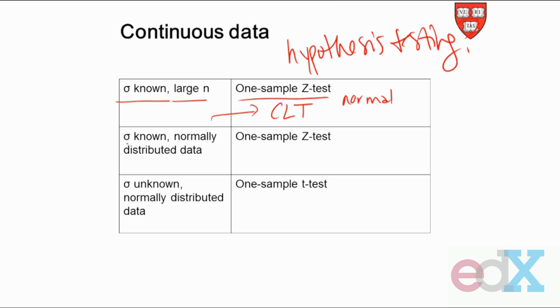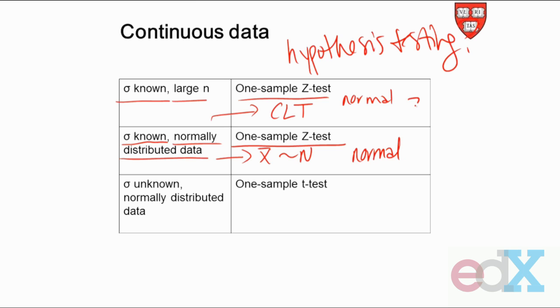On the other hand, let's say we don't have a huge sample size, but we have normally distributed data and we know the standard deviation. Then, because we started out with normally distributed data, we know that our sample mean is going to be normally distributed, and again you can just use normality and make all of your inferences using this one-sample z-test based on the normal distribution.